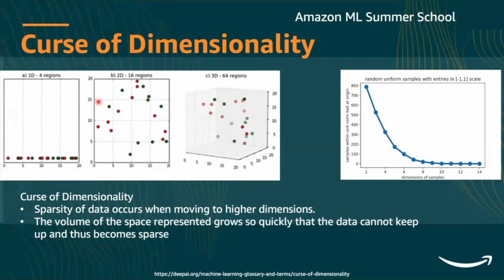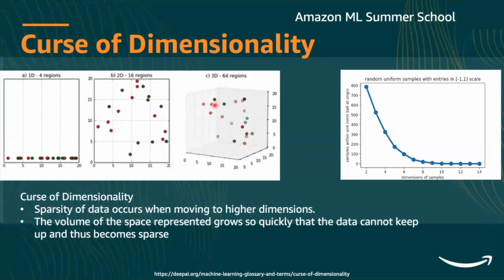But if you move to 2D and you uniformly randomly sample from a 20 cross 20 grid, and let's say 15 to 20 samples, you see there are 16 regions, right? And a majority of the regions are empty, right? Similarly, if you go to 3 dimensions, you'll have 64 regions, right, for 20 samples.